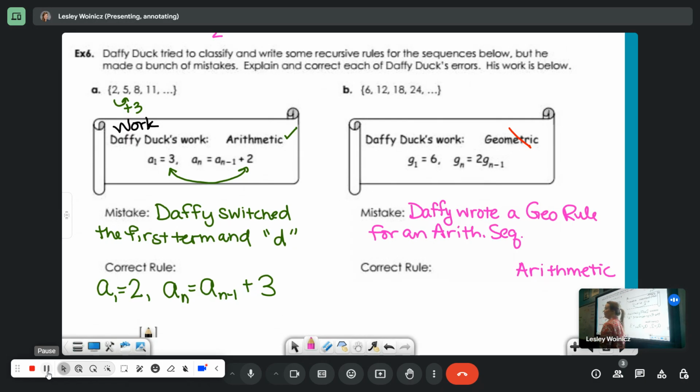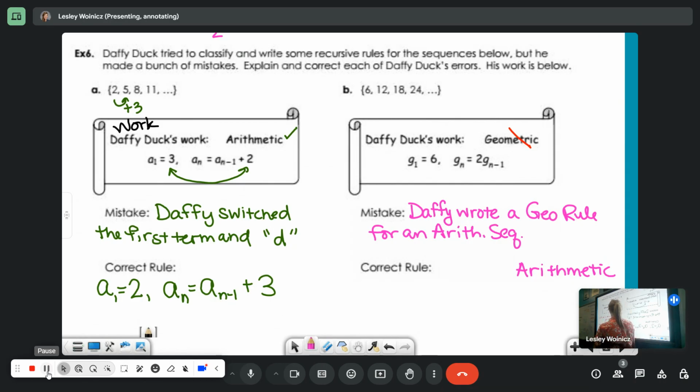This is an important lesson because his rule appears to work for the first 2 terms. Is the first term 6? Yes. Do you multiply by 2 to get the 12? Yes. But does that continue to work for the rest of the sequence? No, so you've got to be careful because I'm sneaky.